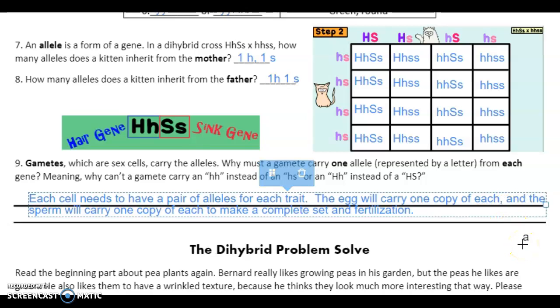So each cell needs a pair of each allele for each trait. You've got to have 2 copies of an allele of every single trait. So the egg will carry one copy of each, and the sperm will carry the other copy of each, and it makes a complete set at fertilization.